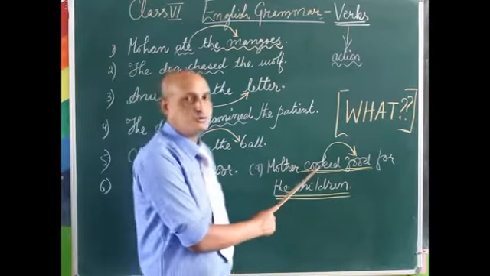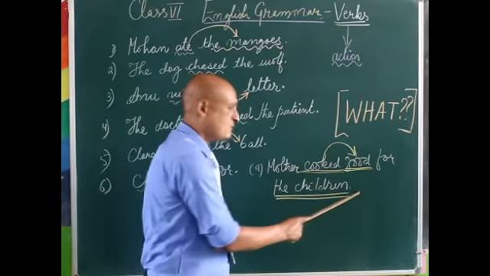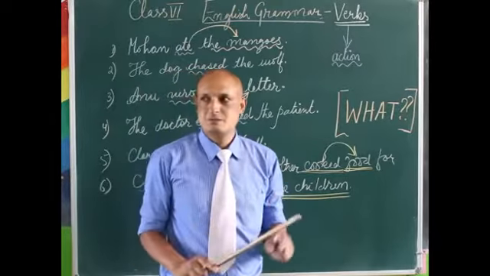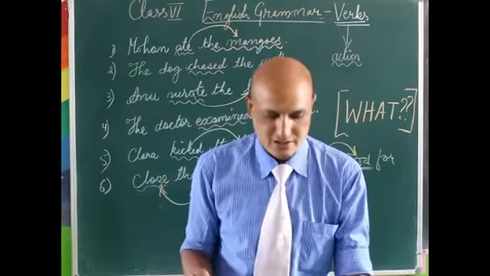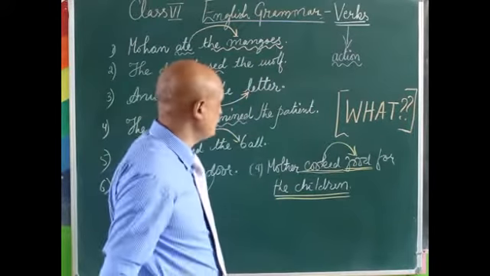Mother cooked. Cooked what? Food. We have a direct object. Rest of the sentence: for whom? The indirect object. So this way we have a direct object and an indirect object. So what are we doing? We are doing verbs. What is a verb?